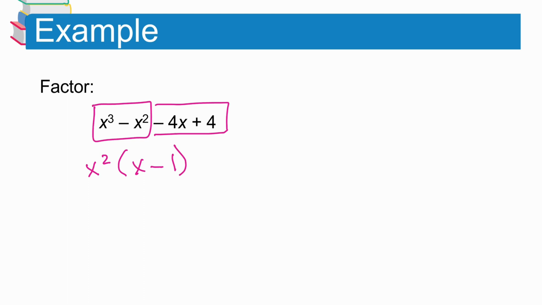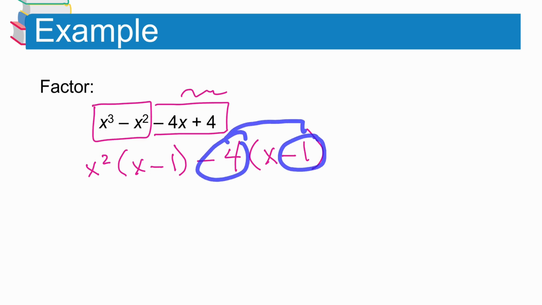Then if I look at this, I might be able to get an x minus 1 out of this as well, especially if I take out a negative 4. That will leave me with x minus 1, because the negative 1 and the negative 4 will combine to give me positive 4, and of course the negative 4 times the x will give me the negative 4x.